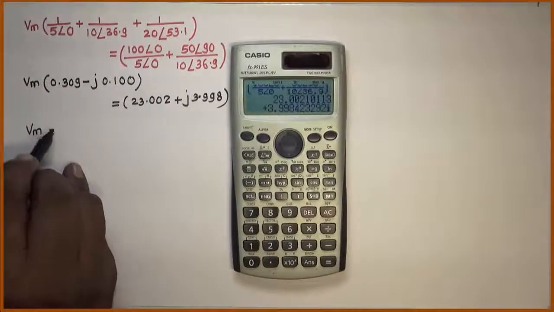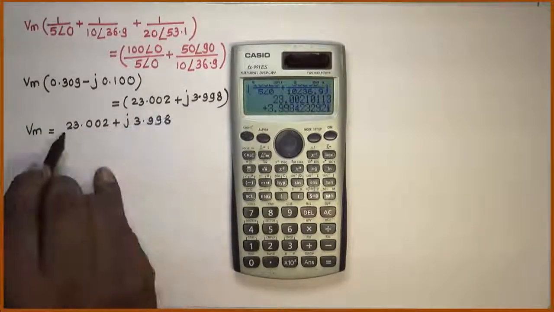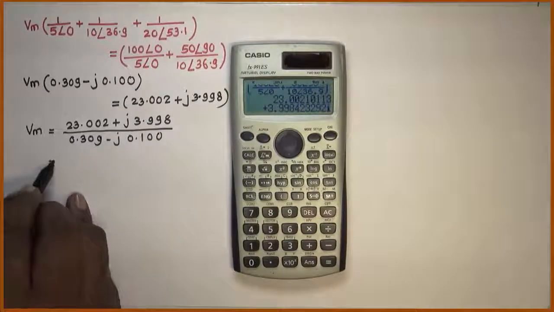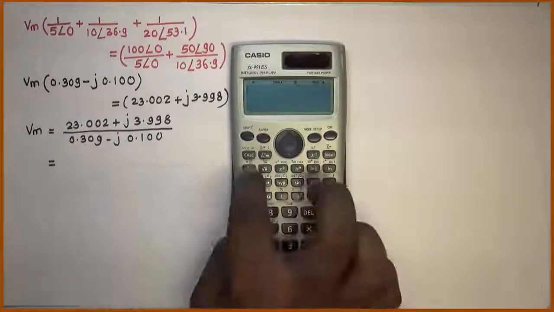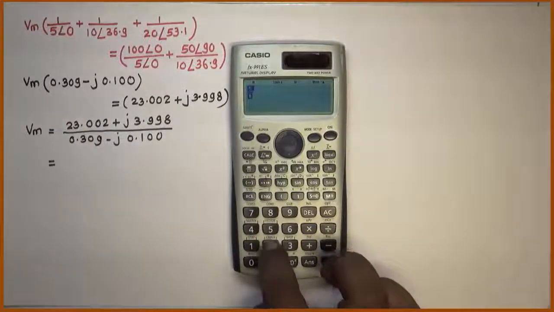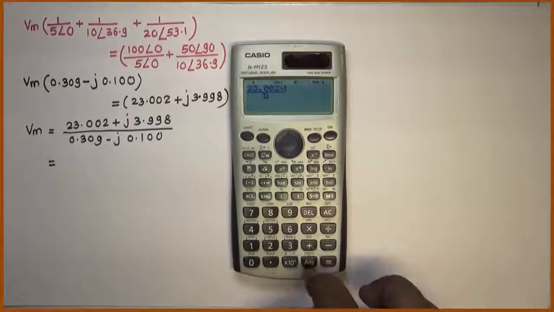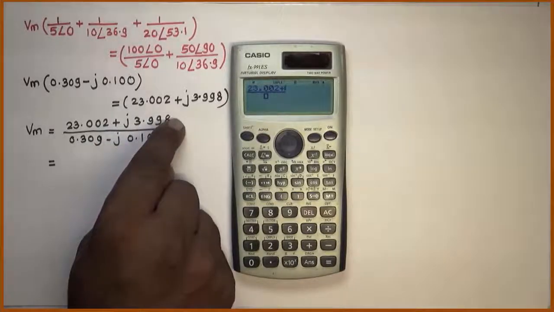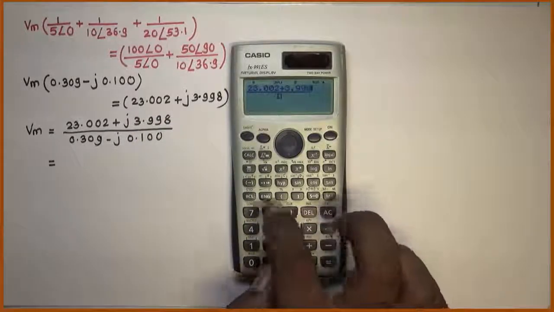So VM is equal to, it is a division of two numbers, so I press division symbol, enter this value 23.002 plus, normally in Calci this J will be placed at the end of the second number, plus 3.998.